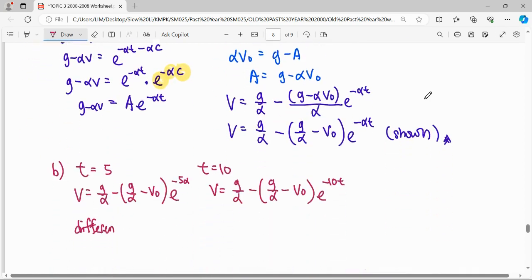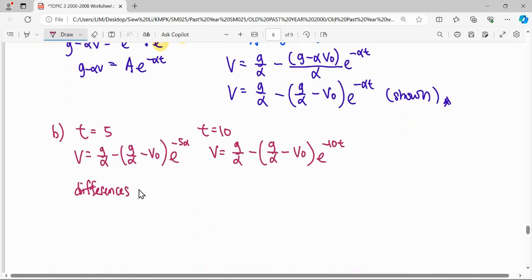So for the difference of the velocity, we take v at the time of 10 minutes and velocity at the time of 5, and subtract.